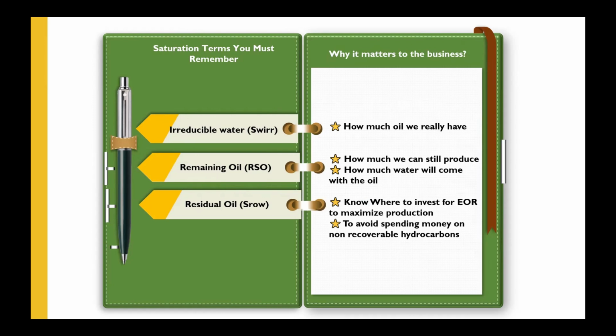The remaining oil tells us how much oil is still available to produce during the life of the field. The residual oil tells us how much oil is left behind after normal recovery mechanisms like water flooding, and whether it's worth investing in EOR or not.